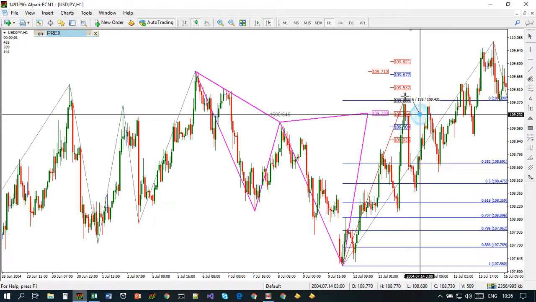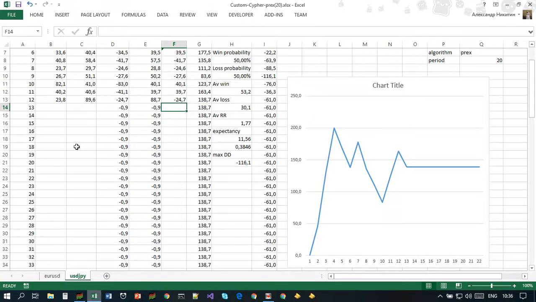So we just enter here, 29.9 versus 54.2. 29.9, 54.2, 29.9, 54.2.